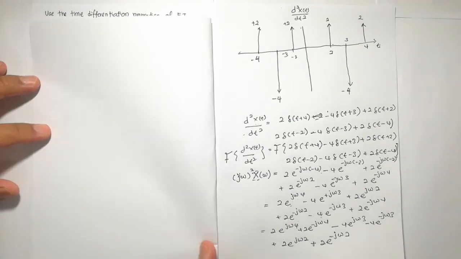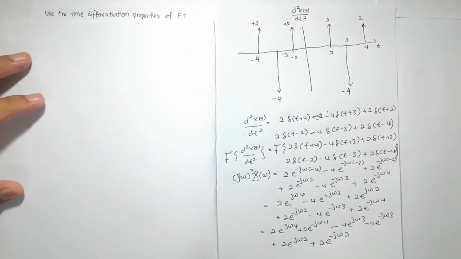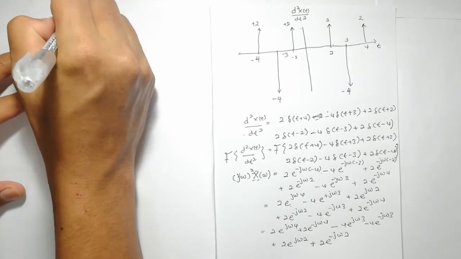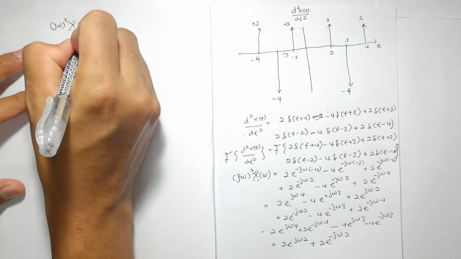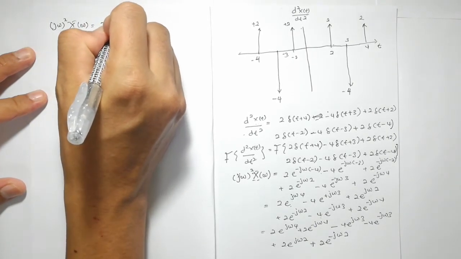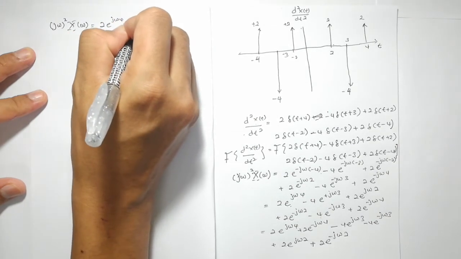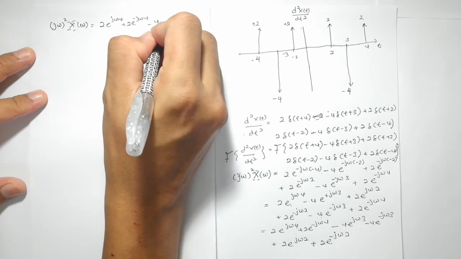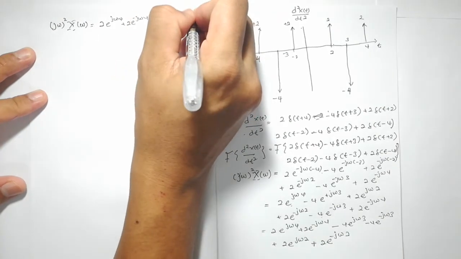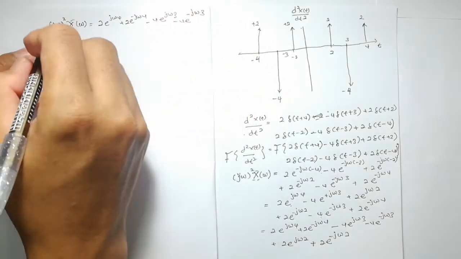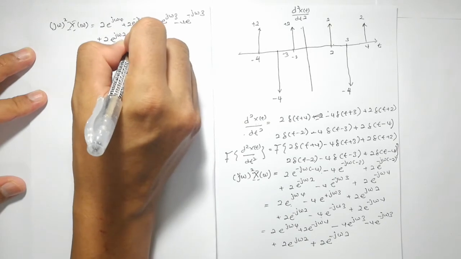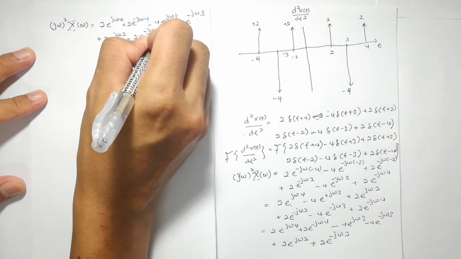We have (j omega)^2 X(omega) equal to 2e^(j omega 4) plus 2e^(-j omega 4), and then minus 4e^(j omega 3) minus 4e^(-j omega 3), and then the last one will be plus 2e^(j omega 2) plus 2e^(-j omega 2).